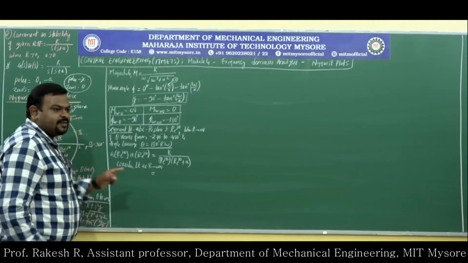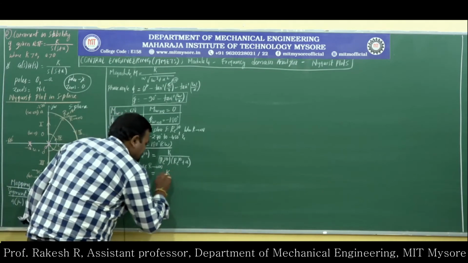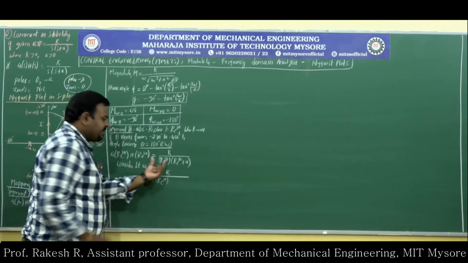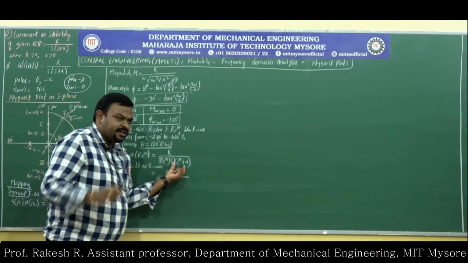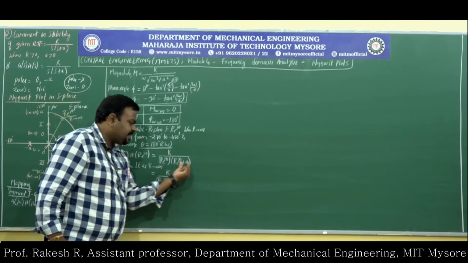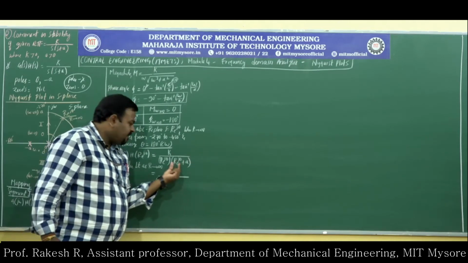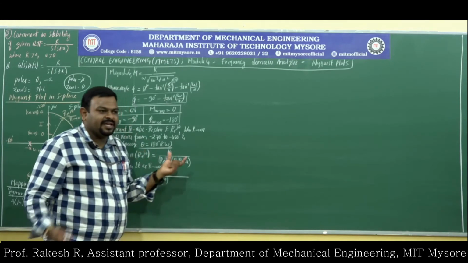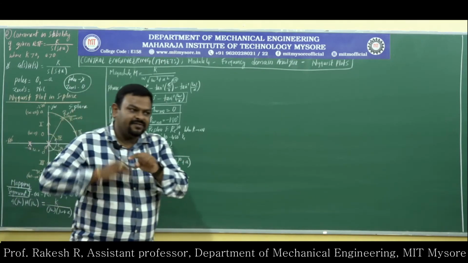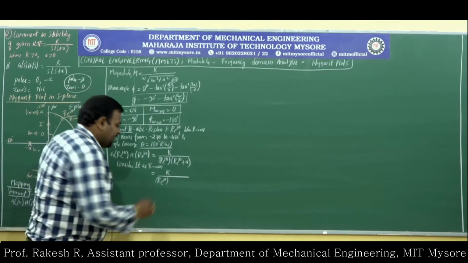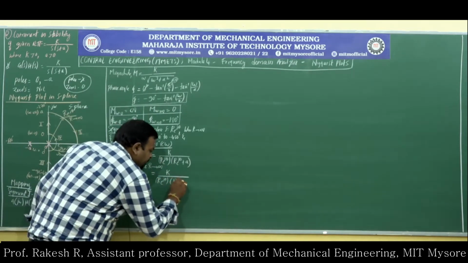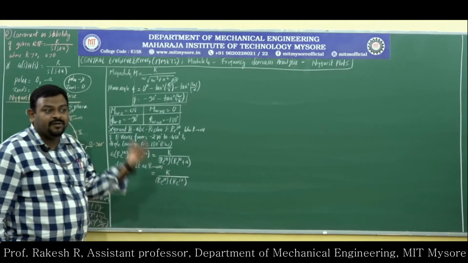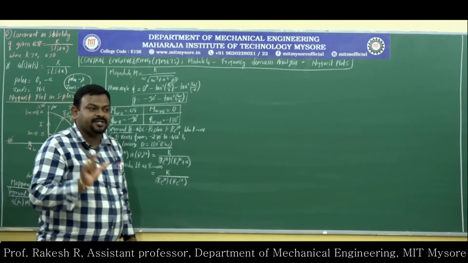K remains constant, and here you need to compare whether this term or this term is greater. R e to the power of j theta is greater than A. A is any positive value, but infinity is greater than A, hence you retain R e to the power of j theta. So here you are considering the value of infinity and writing the expression.